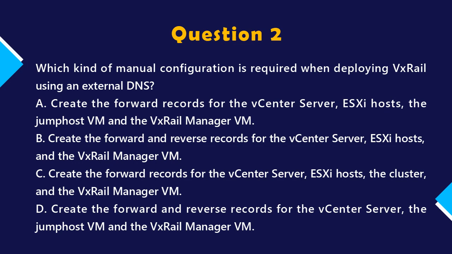B. Create the forward and reverse records for the vCenter server, ESXi hosts, and the VxRail manager VM. C. Create the forward records for the vCenter server, ESXi hosts, the cluster, and the VxRail manager VM. D. Create the forward and reverse records for the vCenter server, the jump host VM and the VxRail manager VM.